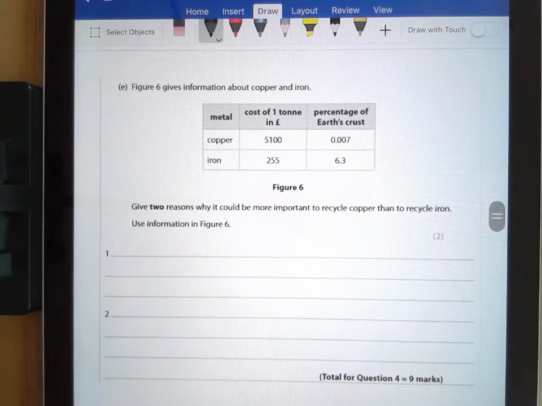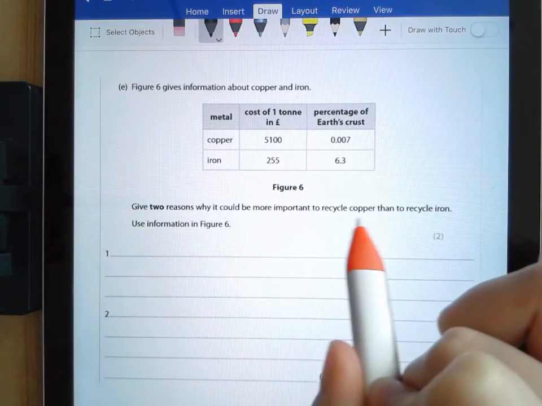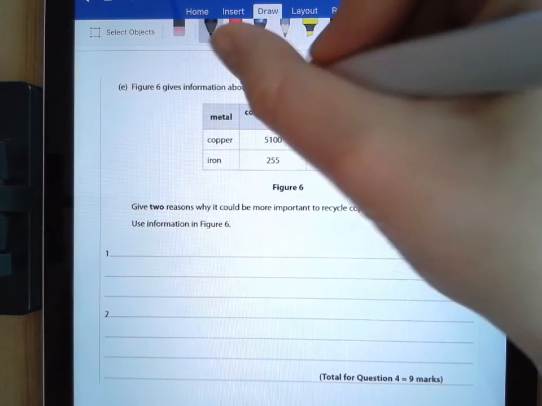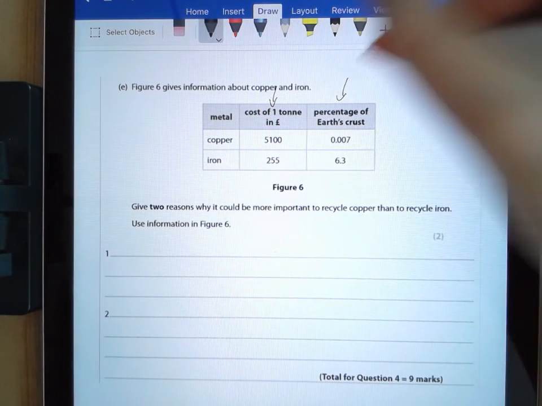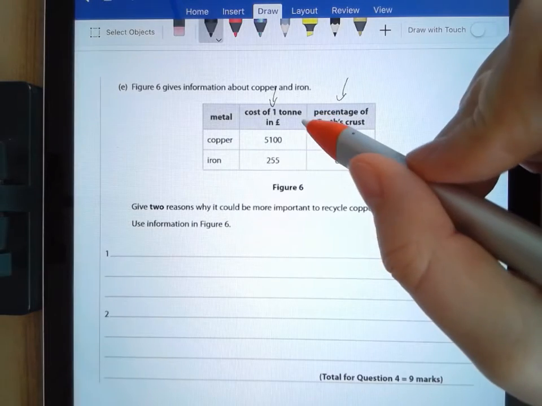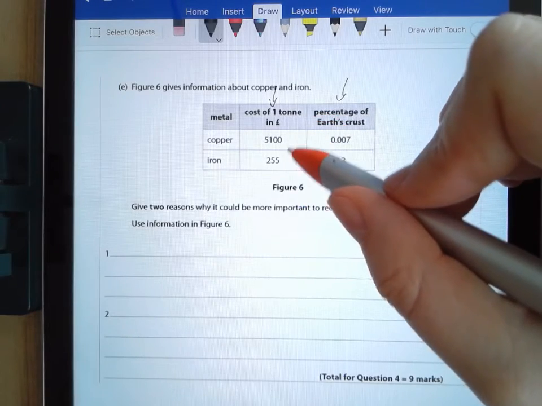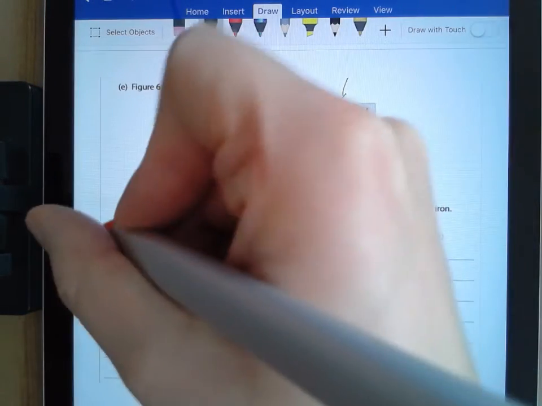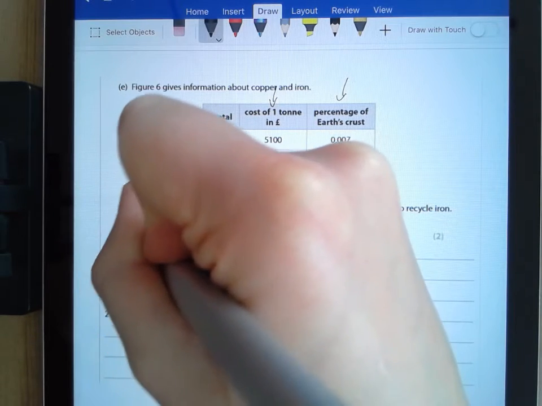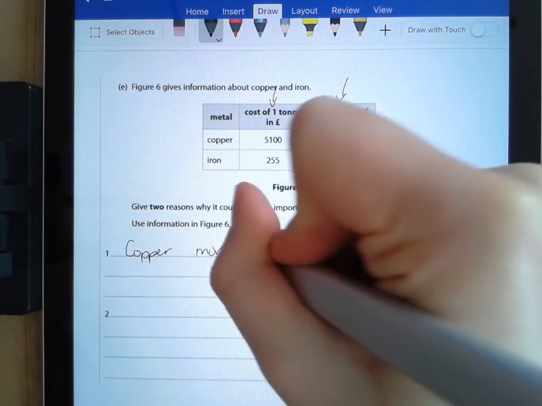This one, we've seen a similar question to this. Why is it more important to recycle copper than to recycle iron? Okay, so they've given you two columns in your table. One is about cost. You see that copper is far more expensive than iron. So I'm going to write copper more expensive than iron.